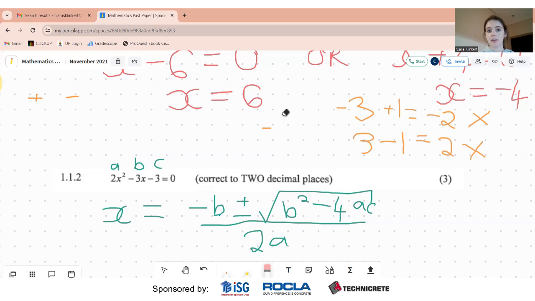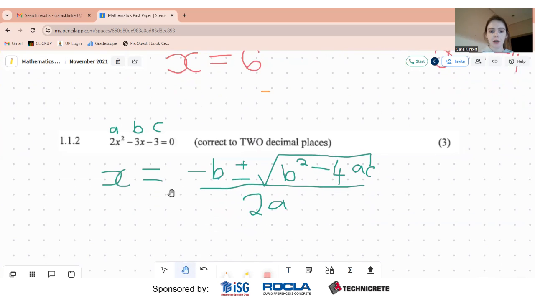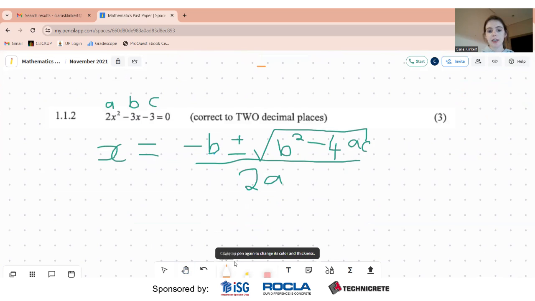All right. So when I do the quadratic formula, I like to do it in a very methodical way. I really want to ensure that I do apply this formula correctly. Okay. So what I like to do is on the side, I like to say what A, B, and C are equal to. Okay.